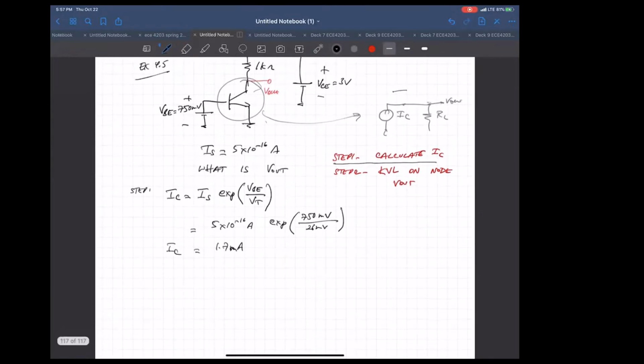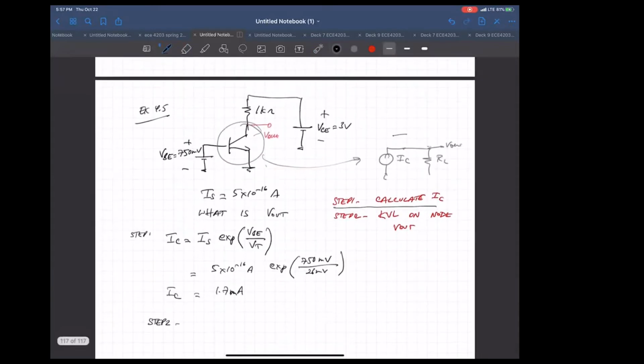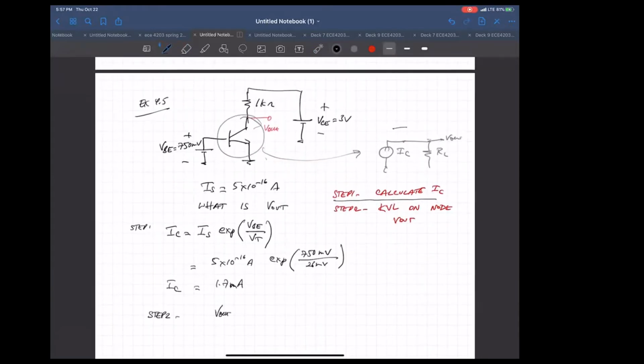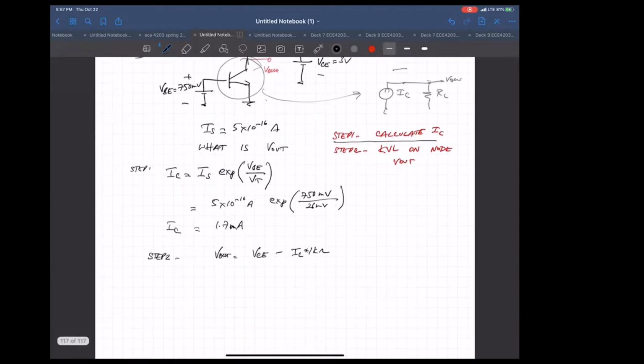So step 2, we want to figure out V out. V out is VCE minus the voltage across the 1 kilo ohm resistor, which is I sub C times 1 kilo ohm, which is 3 volts minus 1.7 times 10 to the minus 3 amps times 1 times 10 to the 3 ohms.